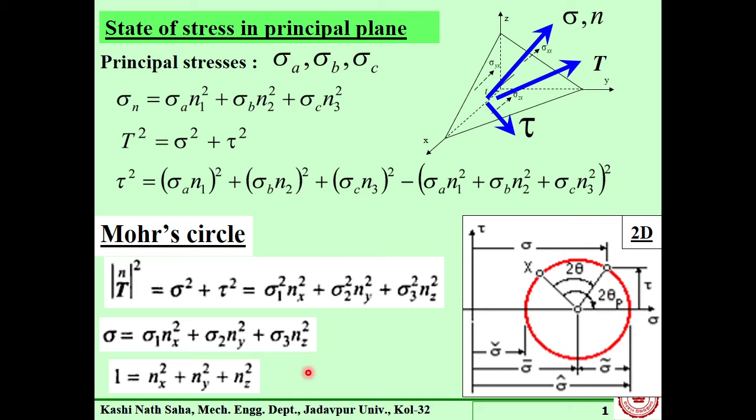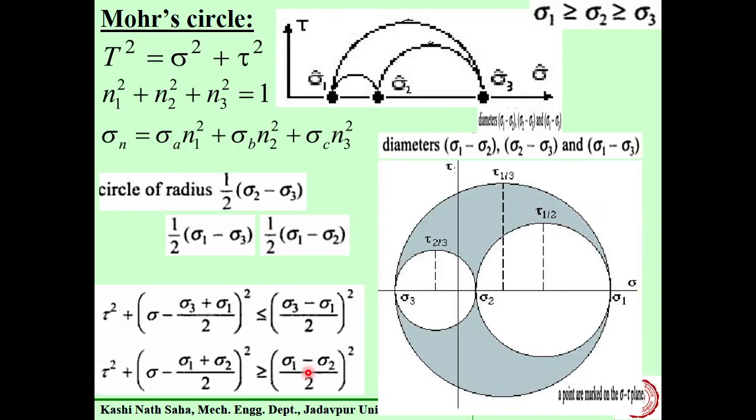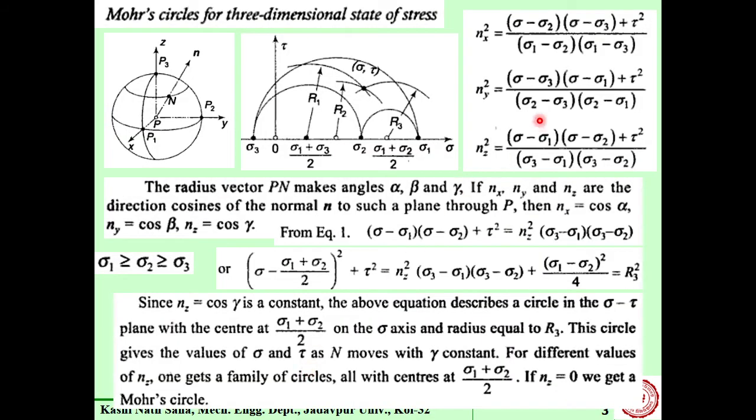Now, only two of them can be varied. Say, for this direction n, let us keep nx fixed and we vary ny and nz. What will happen? What is nx?